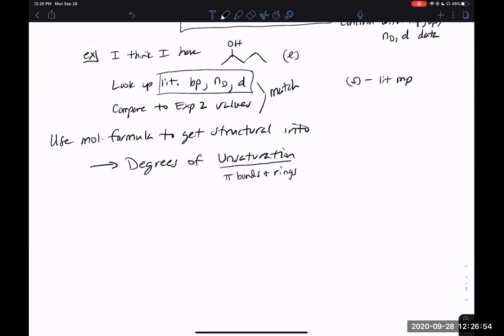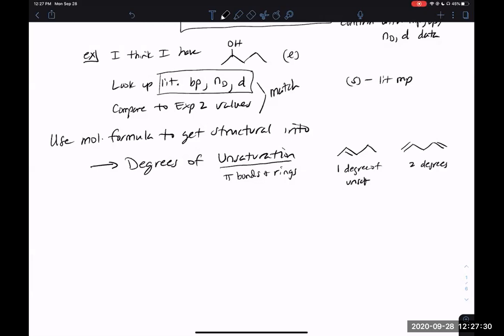So if I have a molecule and it has one pi bond, that would have 1 degree of unsaturation. If I had a molecule and it had, let's say 2 pi bonds, something like this, that would have 2 degrees of unsaturation.